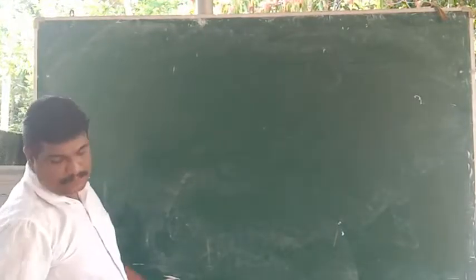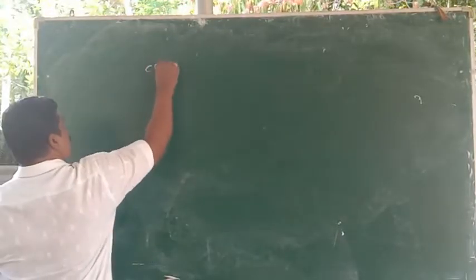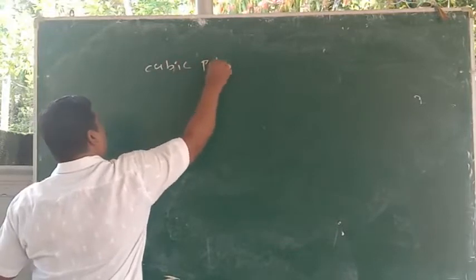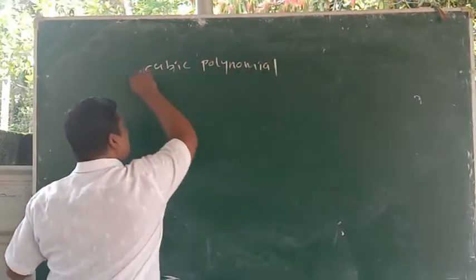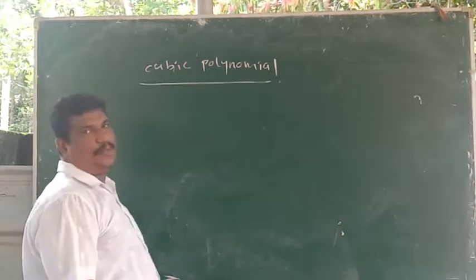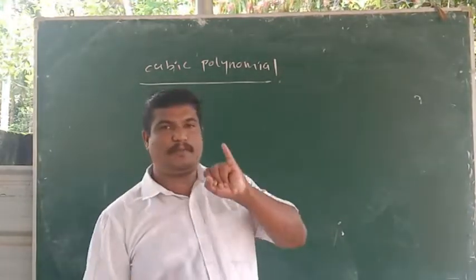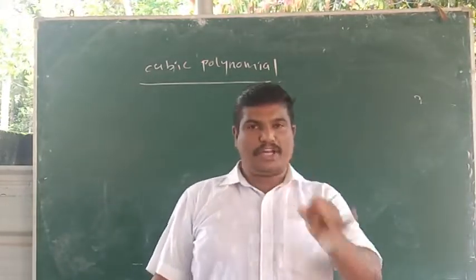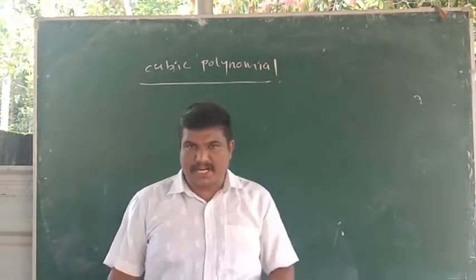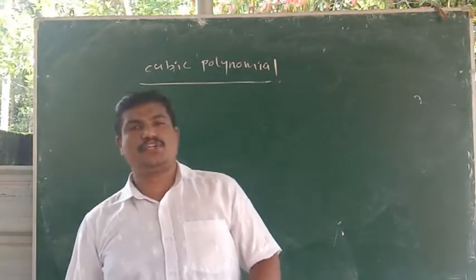Cubic polynomial. A linear polynomial means a polynomial of degree 1. A quadratic polynomial is a polynomial of degree 2. Then what is a cubic polynomial?